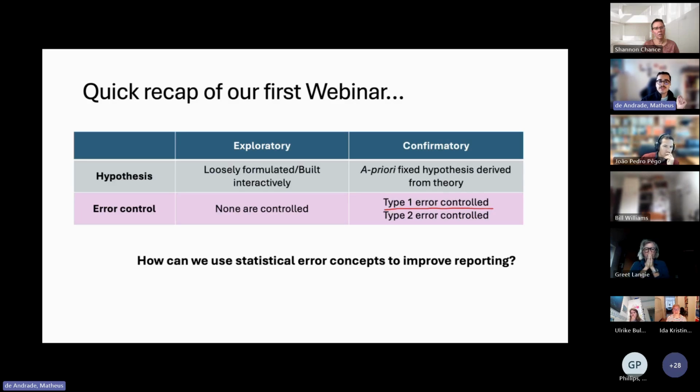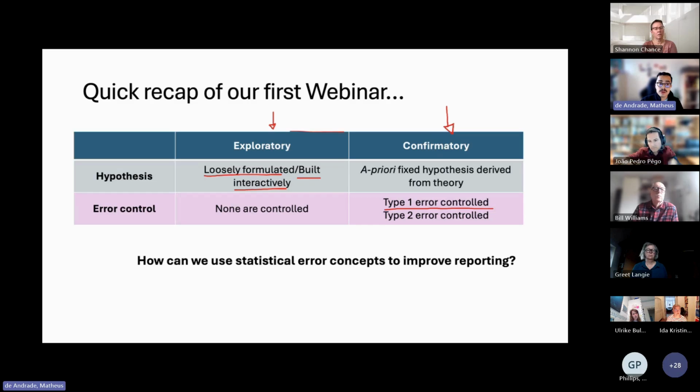In the first webinar, we were basically contrasting exploratory research and confirmatory research. Exploratory research is the type of research where you might not have a very strong hypothesis formulated, or maybe you build your hypothesis as you do your study, and that means that you cannot control the type 1 error.